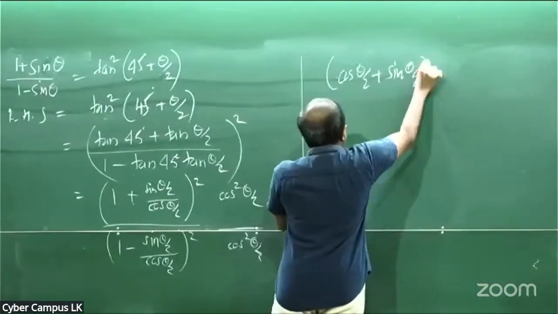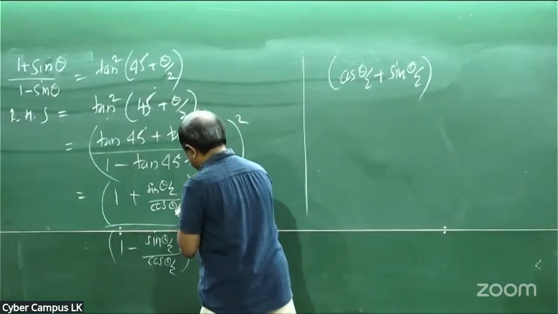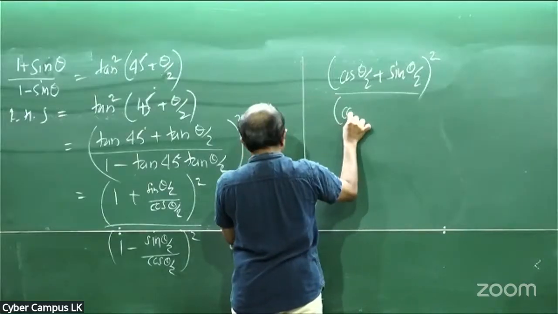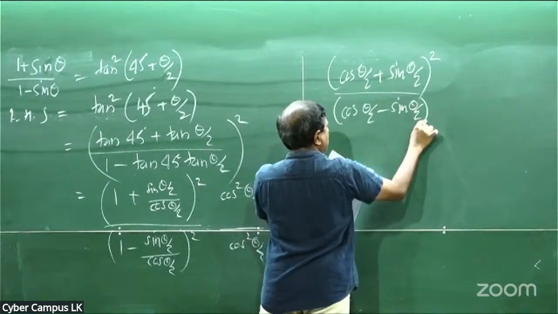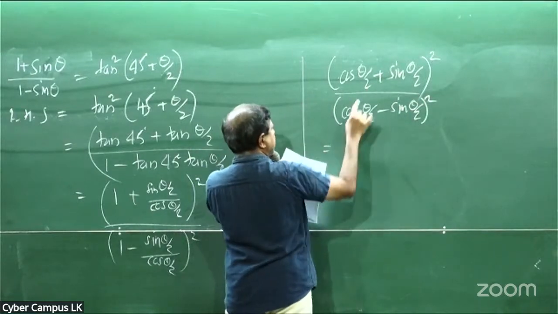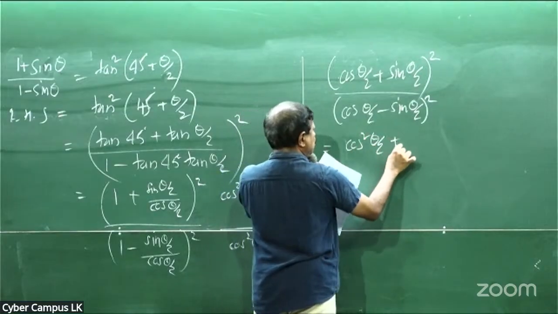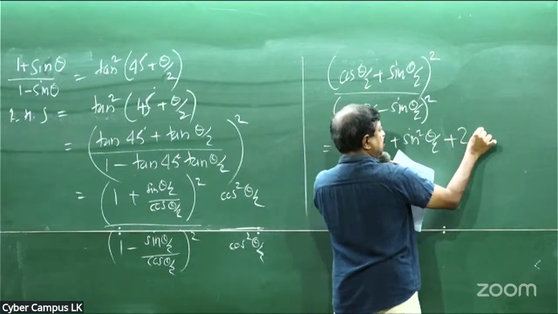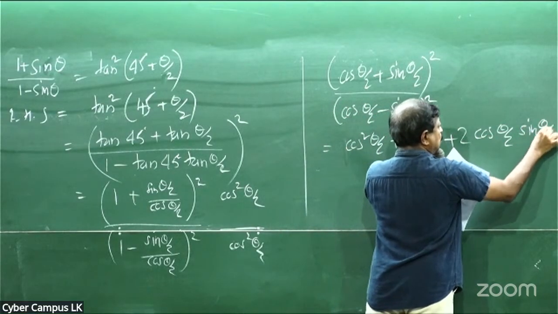This will be sine theta over 2 because these two will go away. Now if you expand it, you get cosine square theta over 2 plus sine square theta over 2 plus 2 times, like the 2ab term.